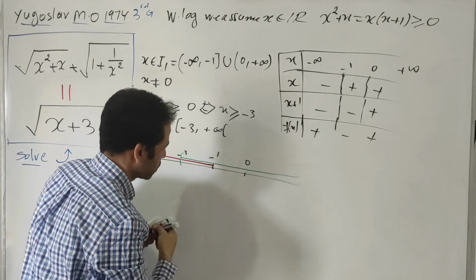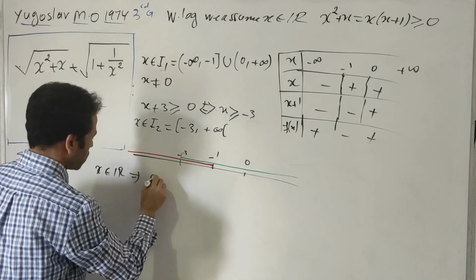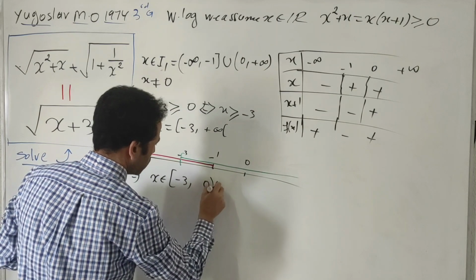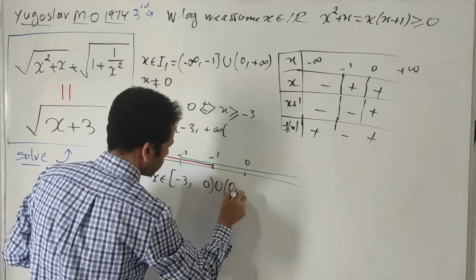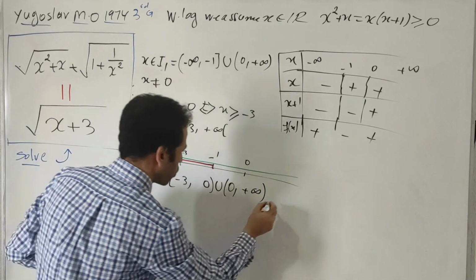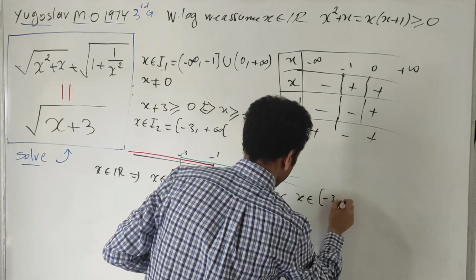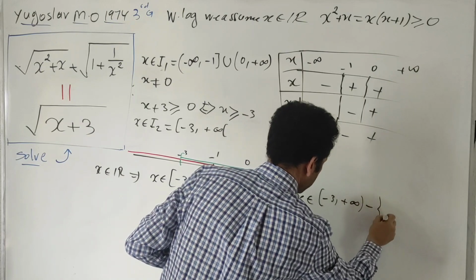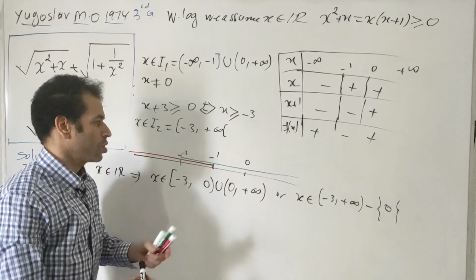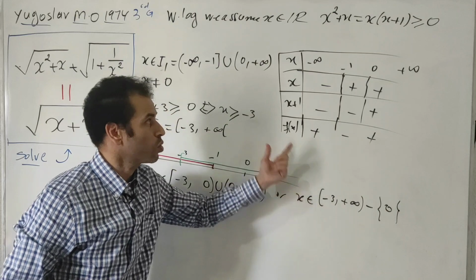So the domain: x is a real number, x from minus 3 to 0, union 0 to plus infinity, with 0 not included. Or we can write x from minus 3 to plus infinity, not including 0. Both expressions are correct. Since we know which interval we work on, now I'm ready to solve this equation.